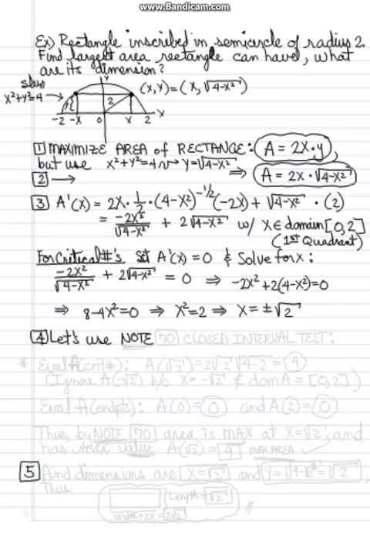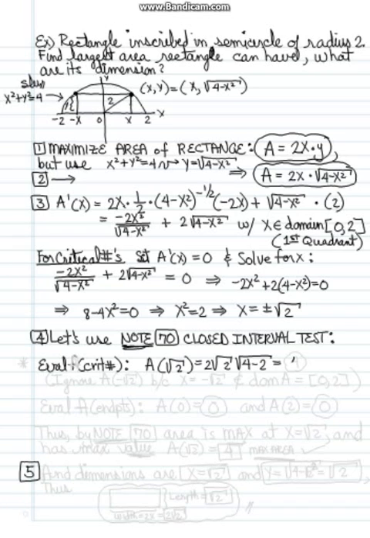Okay, step 4. Let's use note 70 on a closed interval. First we'll evaluate the A at the critical numbers. A of the square root of 2 is equal to 2 times the square root of 2 times the square root of 4 minus 2, which is equal to 4. And we ignore A of the negative square root of 2, because x equals negative square root of 2 is not even in the domain from 0 to 2.